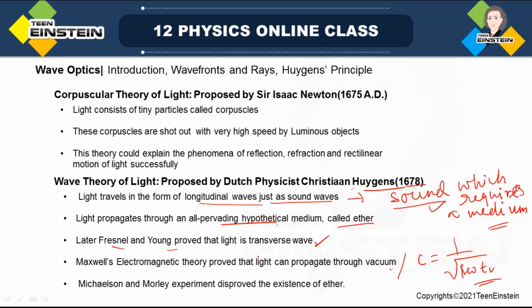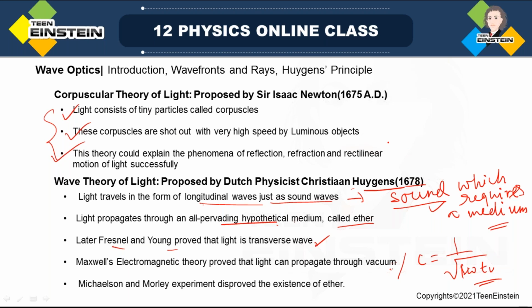So what we have discussed, what was the earlier concept in ray optics? They considered light as consisting of corpuscles. Corpuscles are traveling in straight lines, and they are shot with great speed by a luminous object, and light can travel in a straight line. So these are actually contradicting the phenomena I have discussed now: interference, diffraction, and polarization.